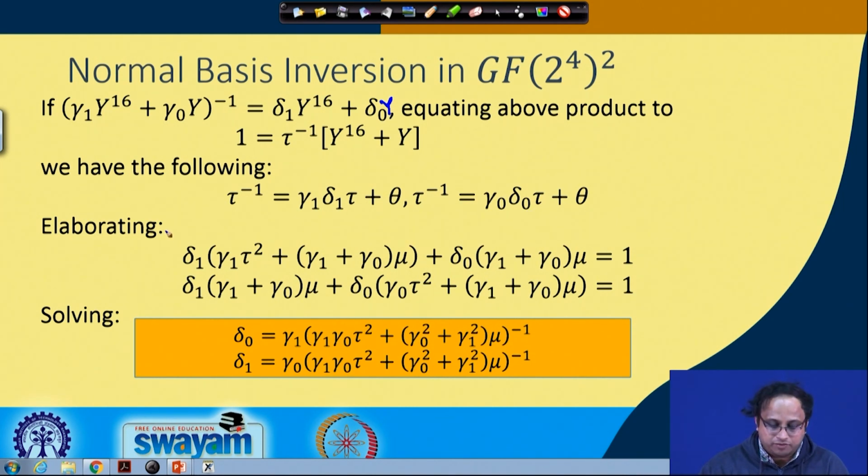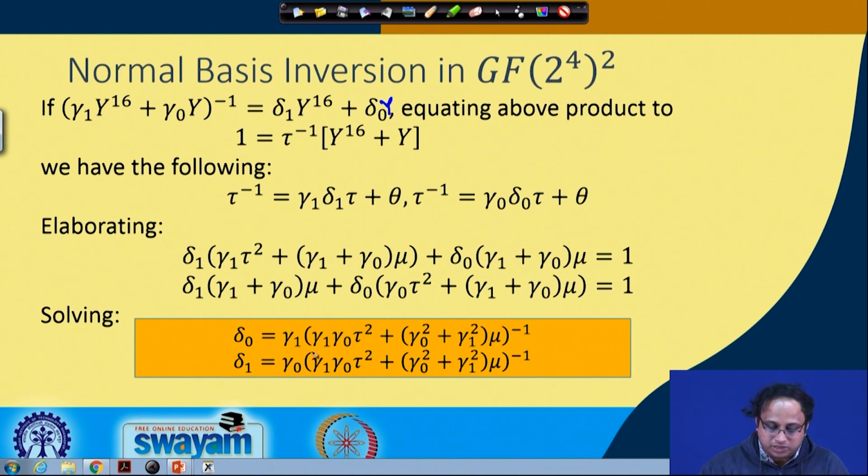So now if I elaborate this and do a little bit of simplification, then I can express the result delta 0 and delta 1 in a similar way as what we have done in the context of polynomial basis. Finally, you can simplify this, eliminate and solve this simultaneous equation to get your result delta 0 and delta 1 in this form.